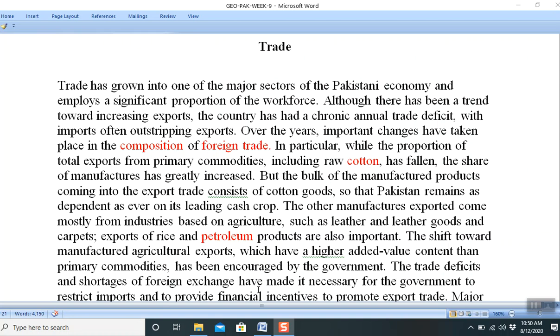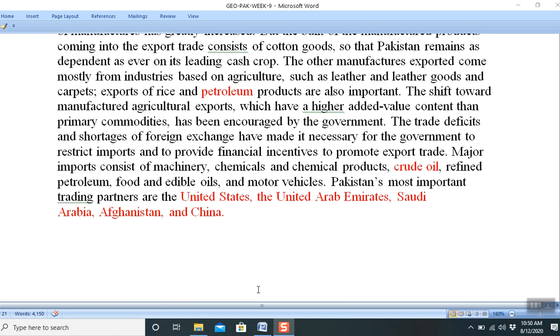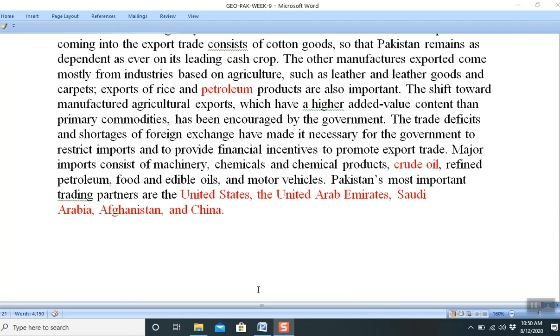Within the cotton, we produce clothes and other things. Then sports, livestock, fine. But unfortunately, there are certain factors that have reduced that in the international market.